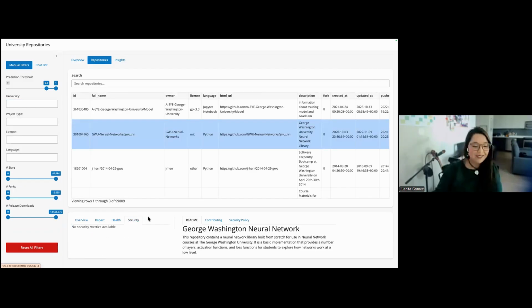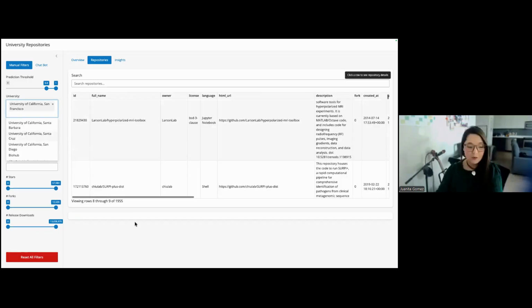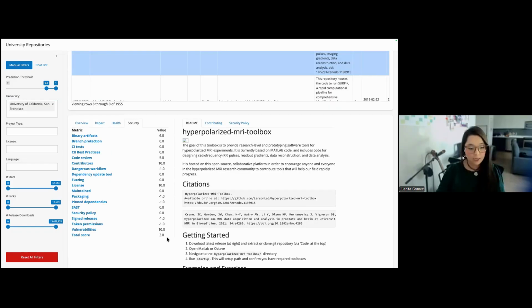So health. And the last step here was security, which a lot of them don't have these metrics yet, just because I haven't finished running most of the scorecards for a lot of the universities. But if they do have it, they will show the scores of each of the metrics that Scorecards sees as important for security and a total score.